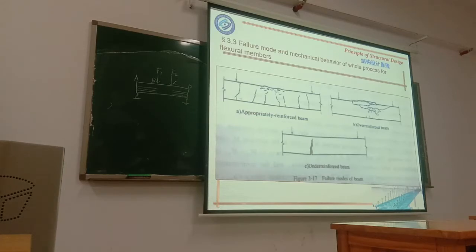So that's the third situation. Over-reinforcement and under-reinforcement both belong to the brittle failure. And appropriate reinforcement belongs to the plastic failure. So different reinforcement ratios lead to different failure modes.